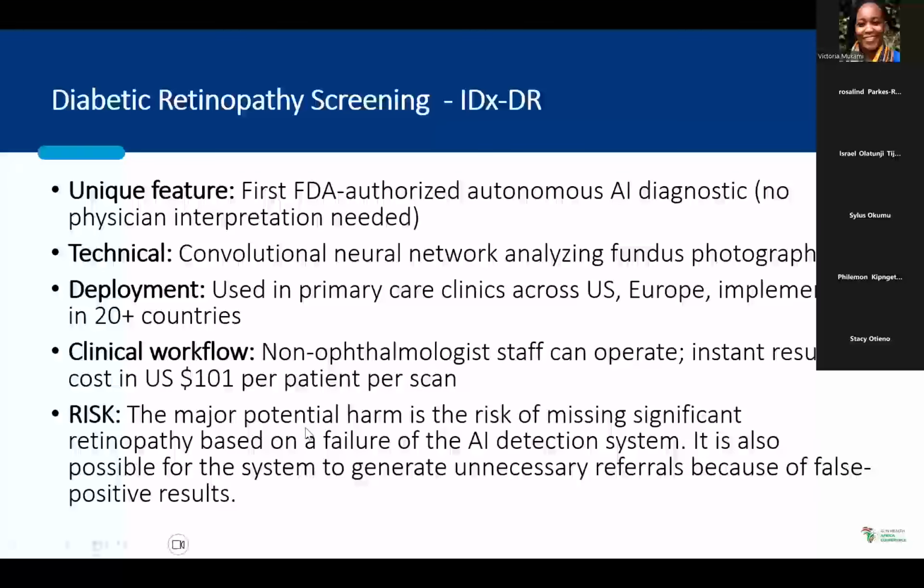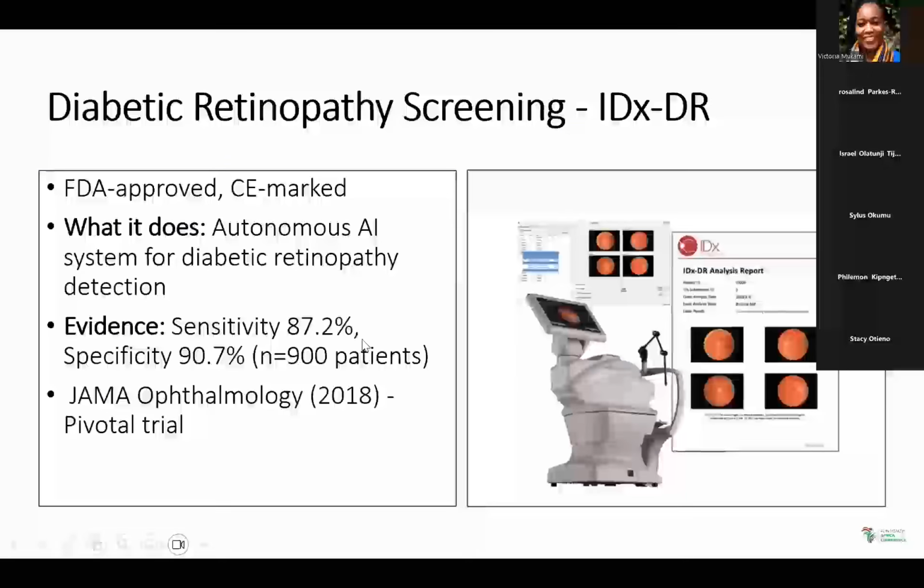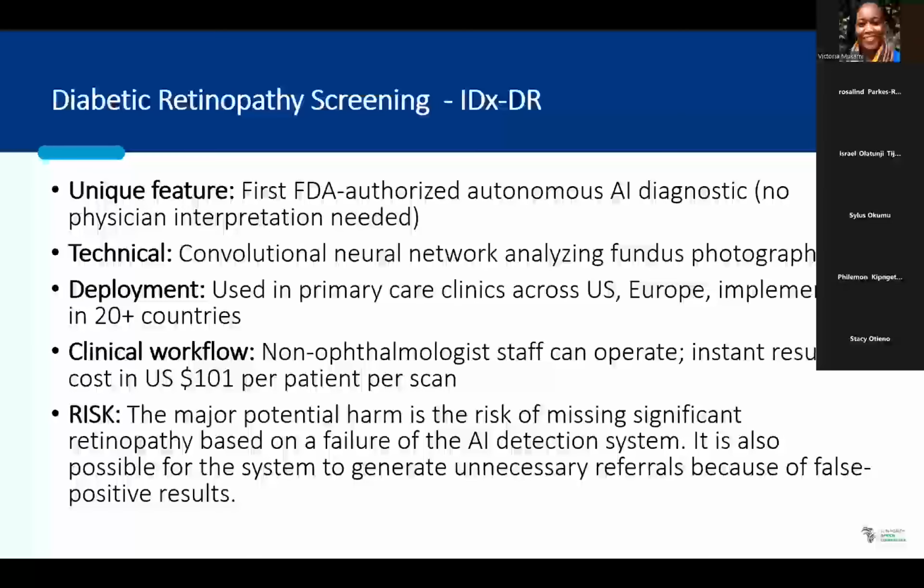So what are the risks of this? The risks are that it could miss significant numbers of disease if anything went wrong within the system. It has an 87% sensitivity rate, so it will miss 13% of diabetic eye disease.